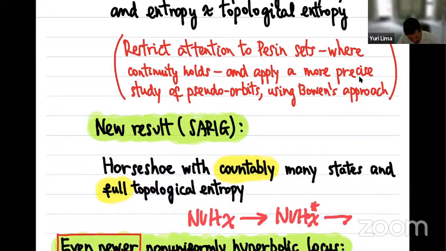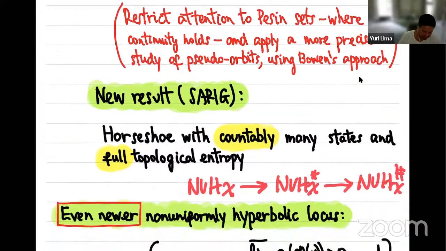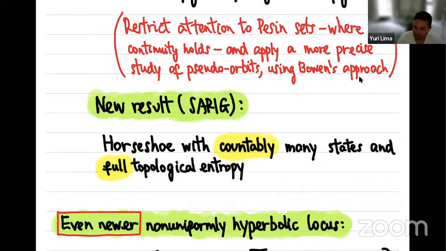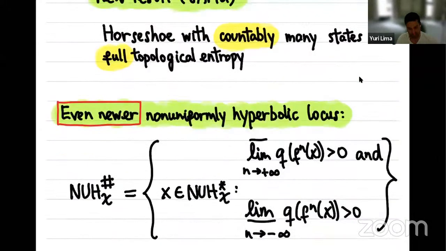So now I will introduce a new subset, an extra subset, which I will call NUH sharp. So now we have an even newer non-uniformly hyperbolic locus. And the idea is introducing some recurrence to the set that we have so far. So how do we introduce this recurrence? This is the set.